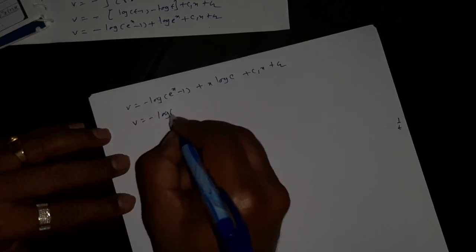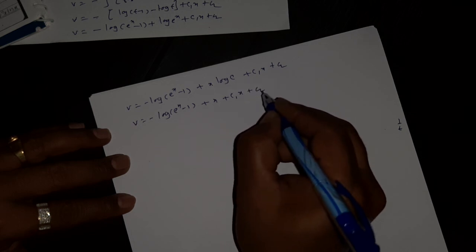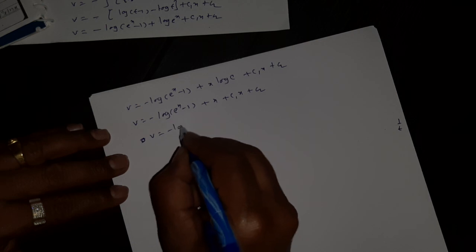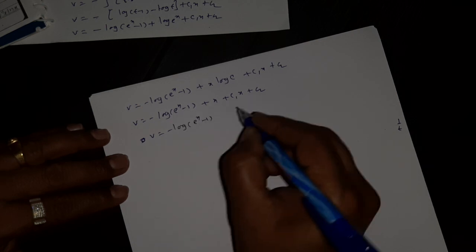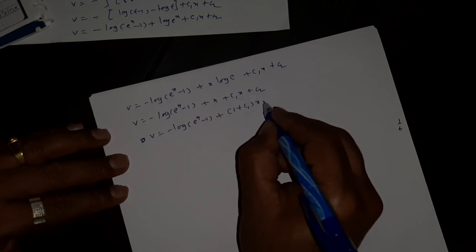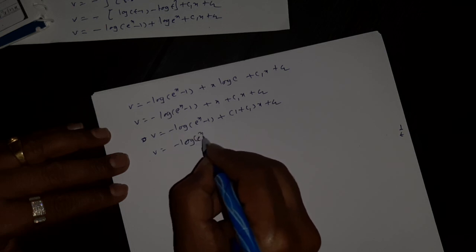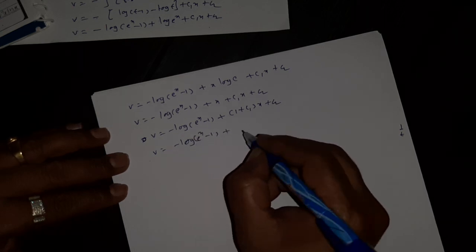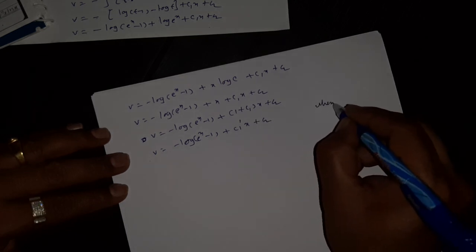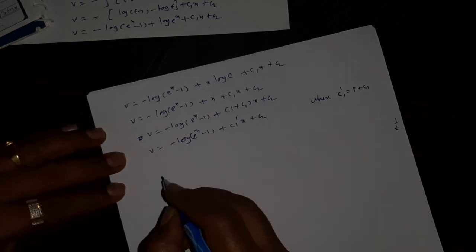So we have plus x only, c1x plus c2, and these two terms merge into each other. v is equal to minus log e raised to x minus 1 plus this 1 plus c1x plus c2. And suppose 1 plus c1 is c1 dash, a new constant.